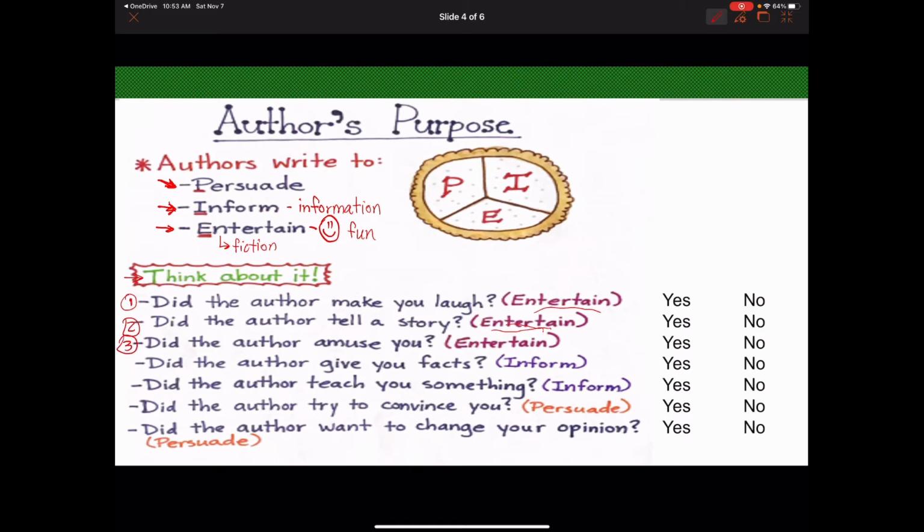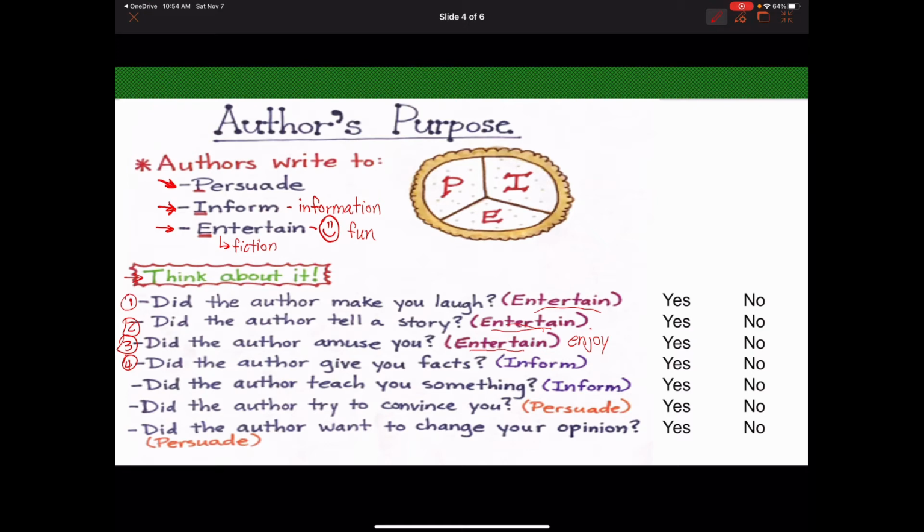Did the author amuse you? Amuse means to make you enjoy something, to have fun doing it. If so, they were probably trying to entertain you. Did the author give you facts? So did they give you information about something?